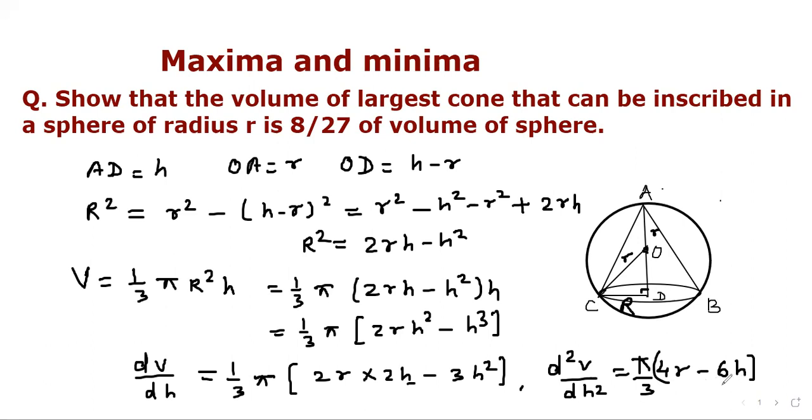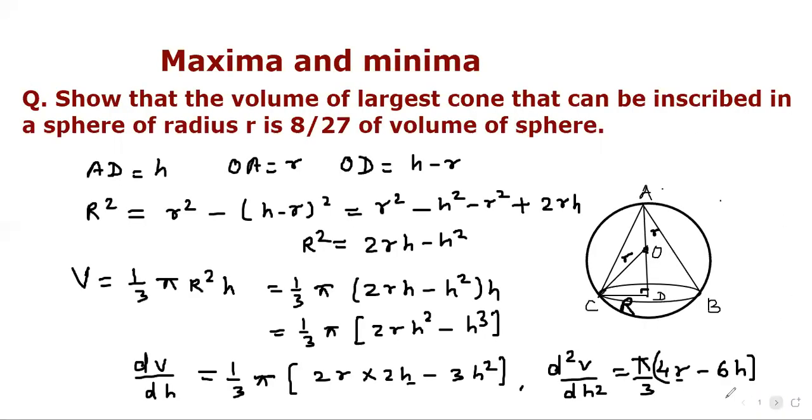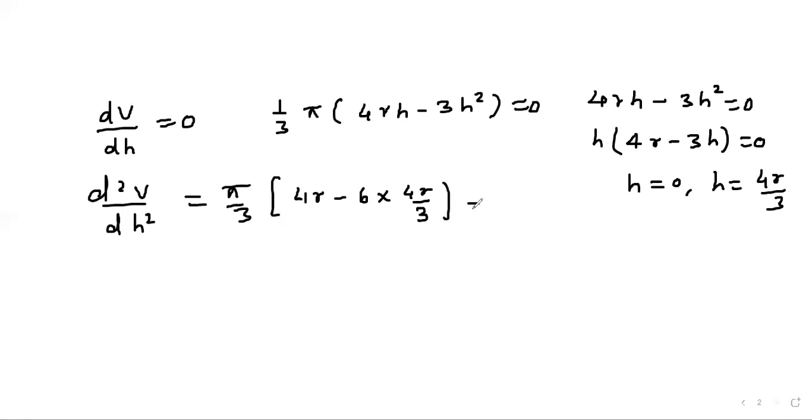Putting h as 4r by 3, it becomes pi by 3, and inside the bracket 4r minus 6 times 4r by 3, which is minus 4 pi r divided by 3, which is less than 0.